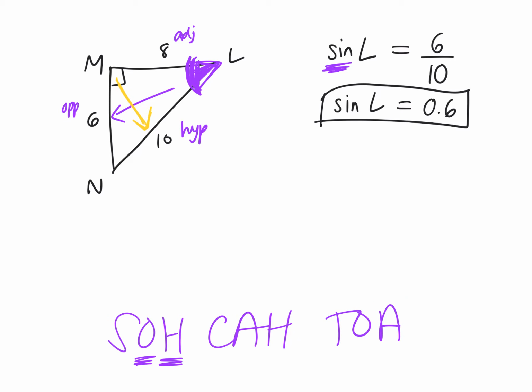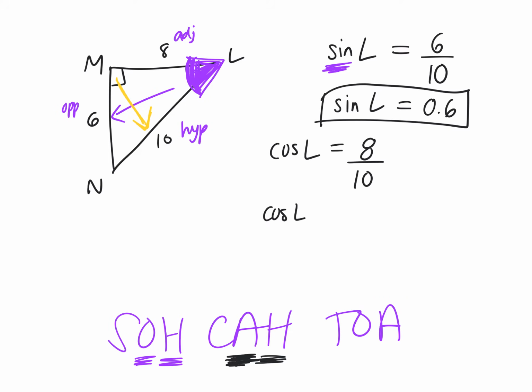Okay, if we were to figure out the ratio for cos L, same angle, that's reference, so I don't have to change the way I've labeled the triangle, because we're still referring to angle L. What's the cosine ratio equal to? CAH, adjacent over hypotenuse, so what is it? What's the ratio? What's adjacent? 6, 8, or 10? And what is the hypotenuse?